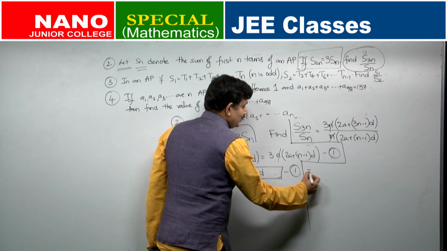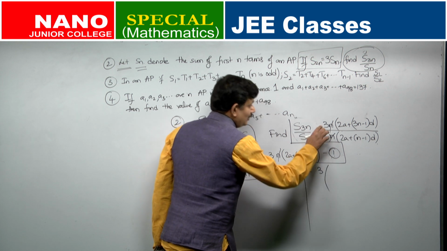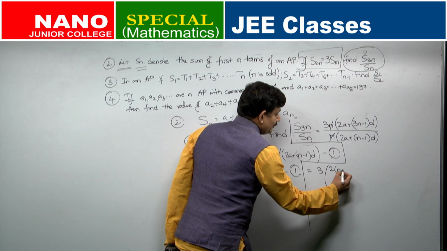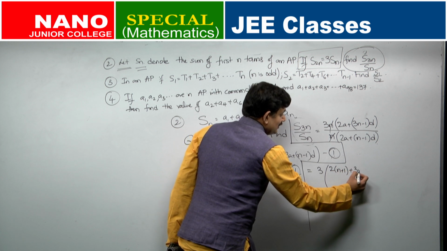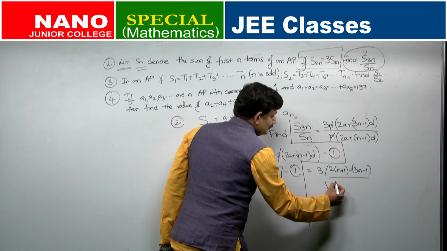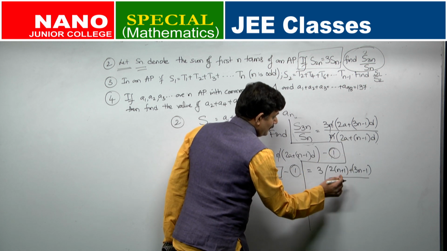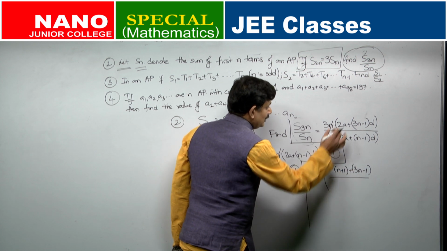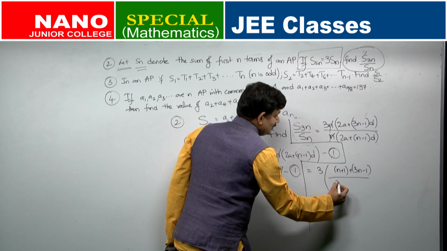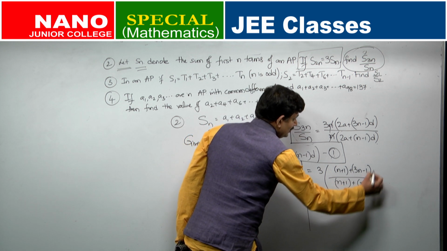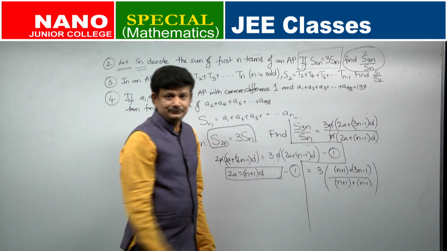So, I will try to directly write the answer: 3 into, I have 3 here, 2 into n plus 1 plus 3n minus 1 divided by, this will be how much? 2a I replace it by n plus 1, okay. Only n plus 1 will remain, d got cancelled, n plus 1 will remain plus n minus 1, d gets cancelled.